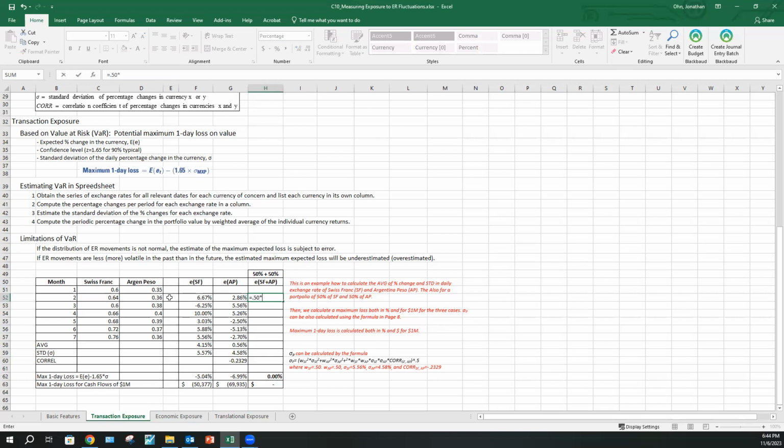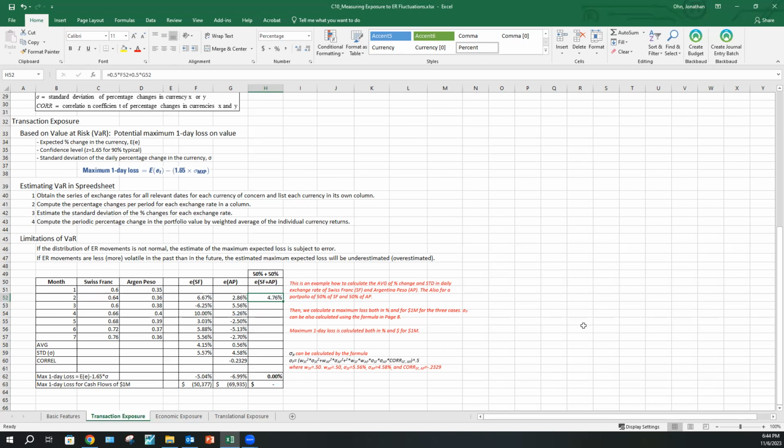0.50 times the Swiss franc plus 0.50 times the Argentine peso. So for the portfolio that includes 50% Swiss franc and 50% Argentine peso, I mix 50-50, and the resulting expected percentage change for this portfolio is 4.76%.